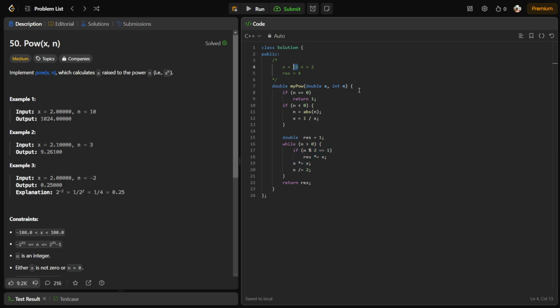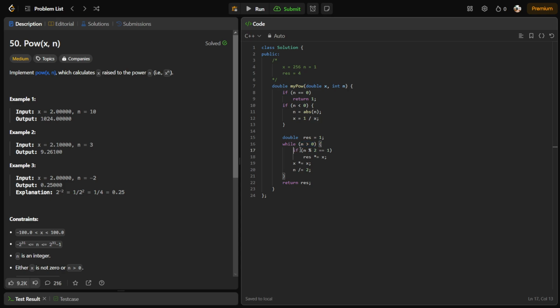So 16 times 16, which is, what is 16 times 16? So 16 times 16 is 256. 256, after which n will divide equals to 2 again. So n now turns to 1.